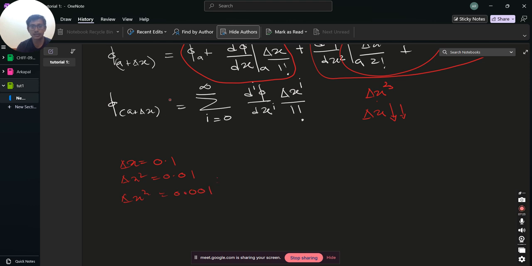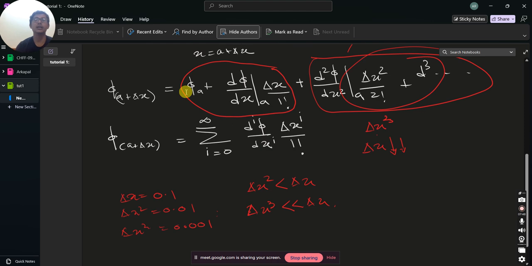So what we can say is that delta x square is very less than delta x, and similarly delta x cube is very less than delta x, and so on, right? So this is the reason we generally neglect these terms. We are only considering the first two terms when we derive the equations.